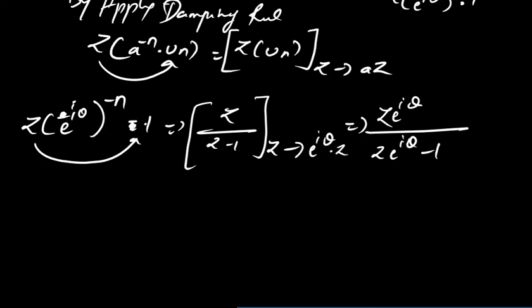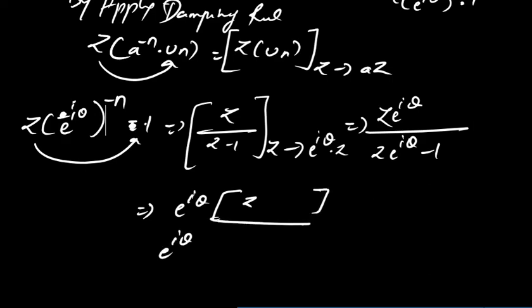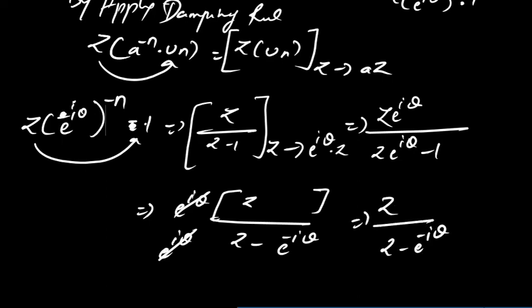So you can take e power i theta common. When I take it out, it is z. And similarly, e power i theta, when I take it out, we have z minus e power minus i theta. So these two get cancelled. So we have z by z minus e power minus i theta.